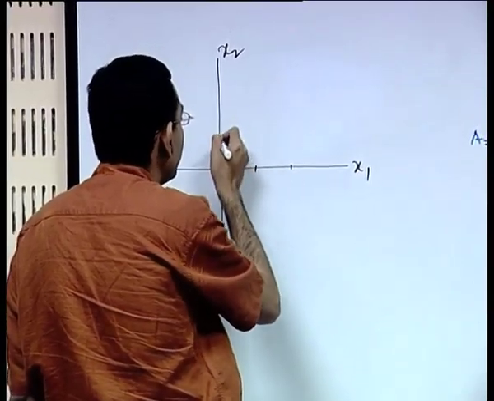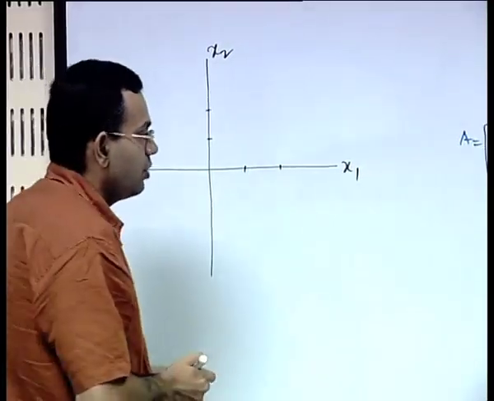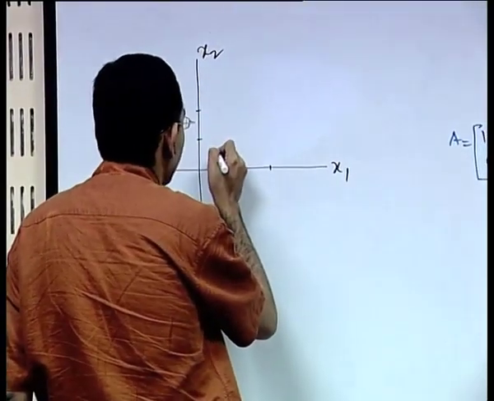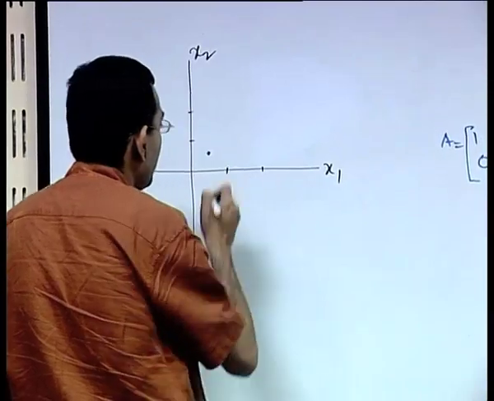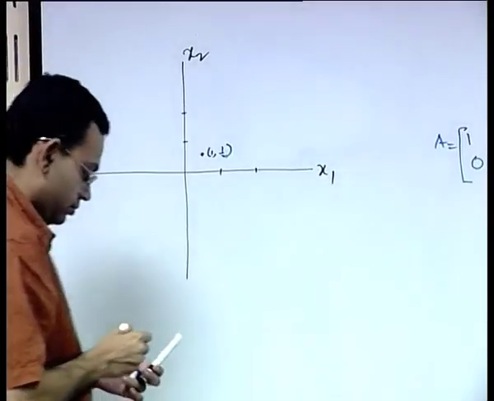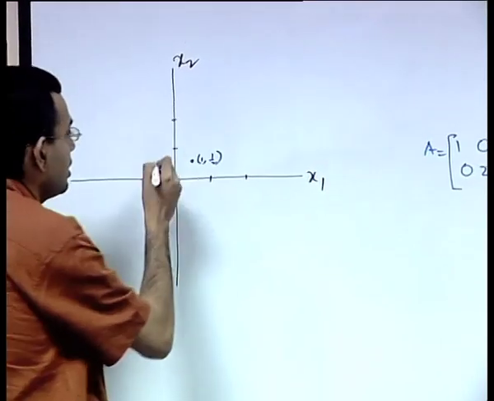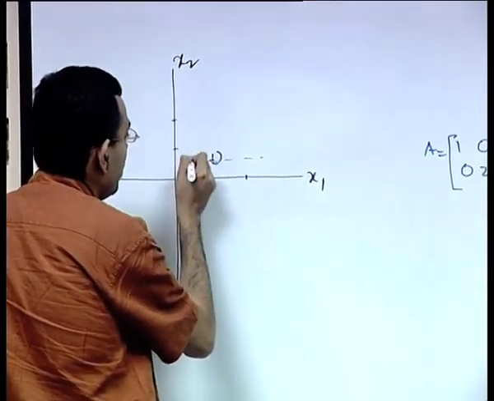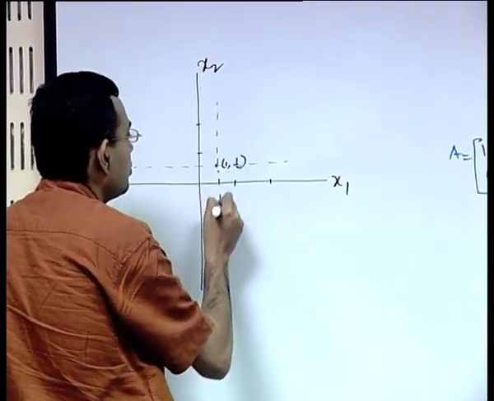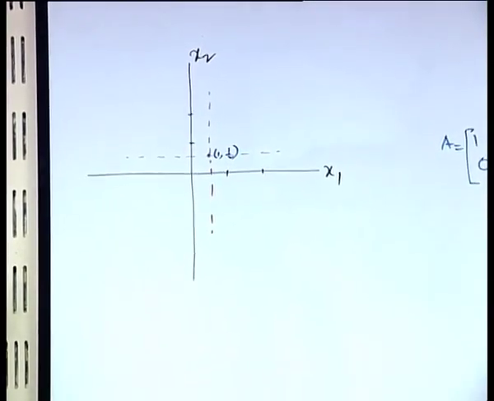So, let us try to make the sketch as accurately as possible, of course, a rough sketch. So, x1 equal to 1 and x2 equal to half. So, 1 comma half. So, the major axis will be laid out along this direction, minor axis will be laid out along this particular direction.